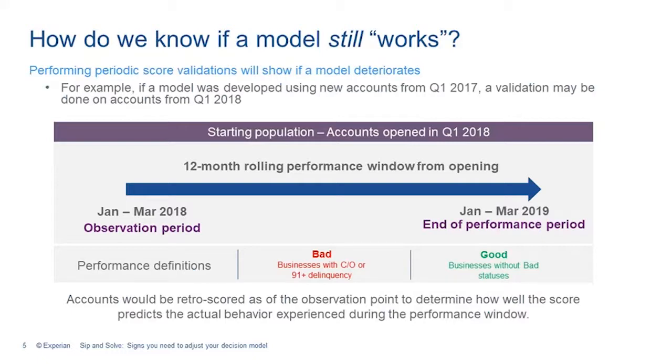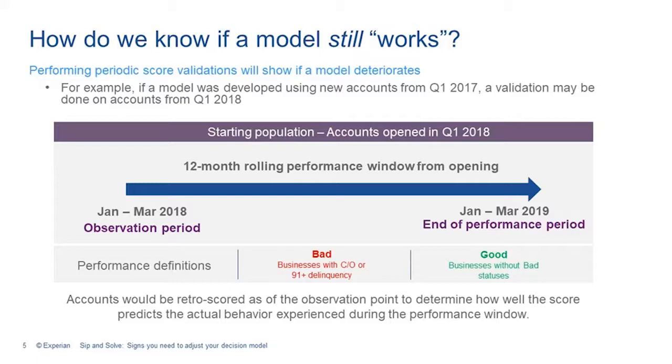So what we do is say, if a model was developed, say, a couple of years ago, and we had used first quarter 2017 data to develop the model, what we would do is then say, let's take a newer sample, and in the example on this page, take a sample from first quarter 2018, so a year later. We score that population at that point.